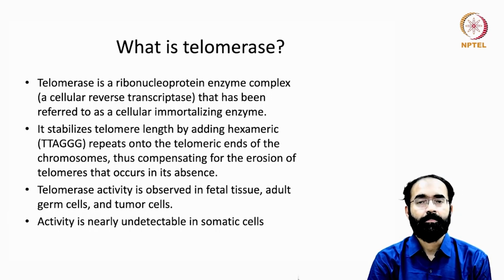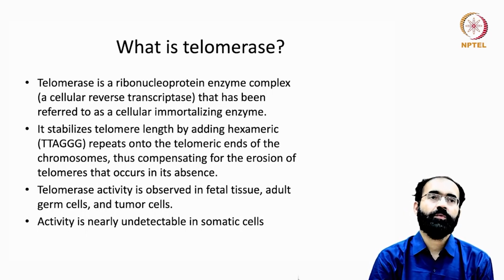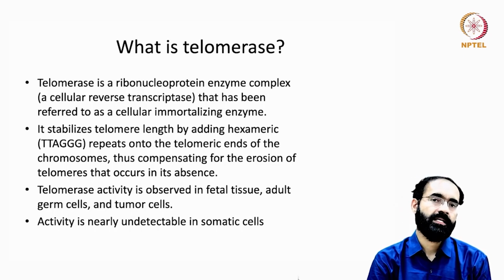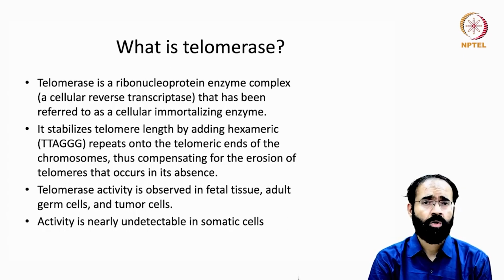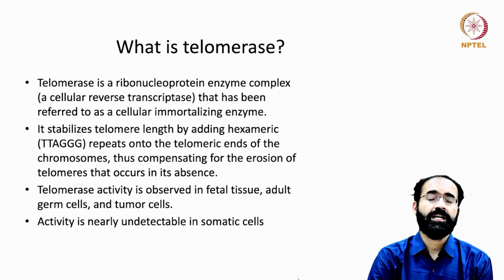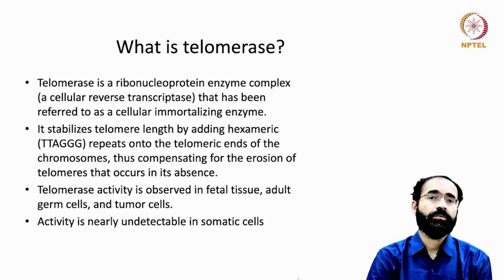Fetal tissues are rapidly dividing, so you don't want the telomere length to be shorter. If you want to understand better, all of you might have heard about the famous cloned mammal, Dolly. It's a sheep. It was cloned from udder cells of a 6-year-old sheep. Now these cells have the telomeres of a 6-year-old sheep.